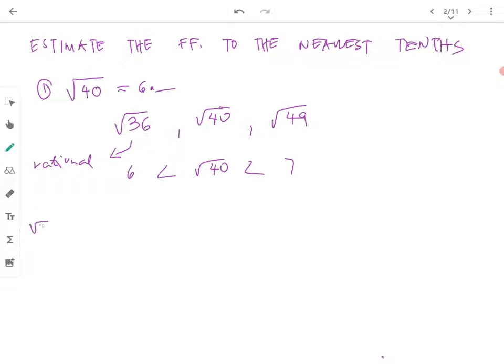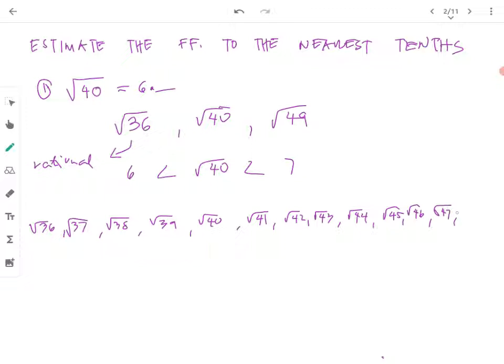So square root of 36, square root of 37, square root of 38, square root of 39, square root of 40, square root of 41, square root of 42, square root of 43, square root of 44, square root of 45, square root of 46, square root of 47, square root of 48, and square root of 49.